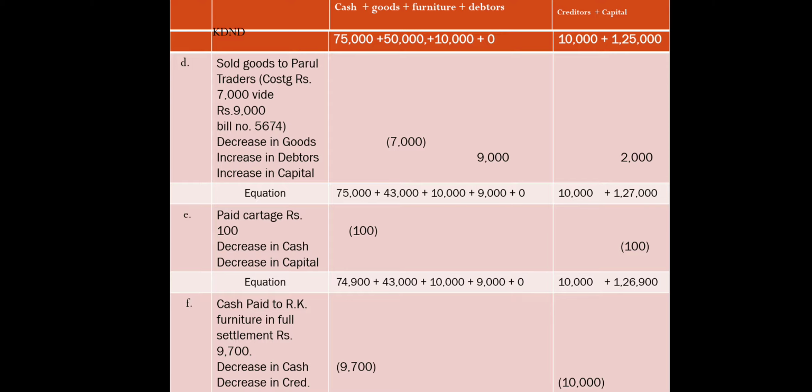Then comes your cash paid to RK Furniture in full settlement. So the same concept we are going to work out, that 9,700 we are going to reduce, but at the same time we are going to get 300 rupees as excess for the capital, and creditors will reduce by 10,000.